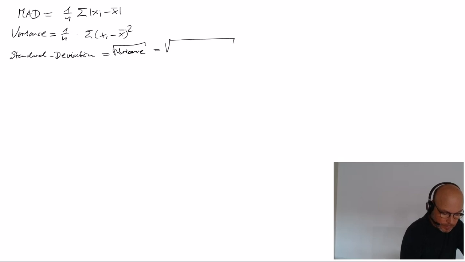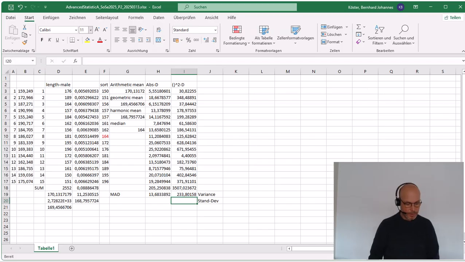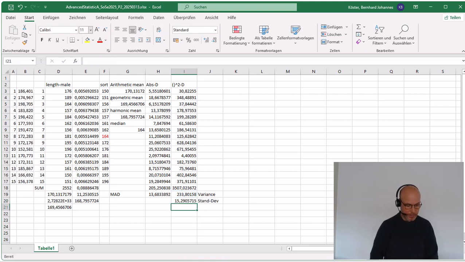So root of 1 over n times the sum of xi minus x bar squared. So we take then just the root of the variance to get the standard deviation.